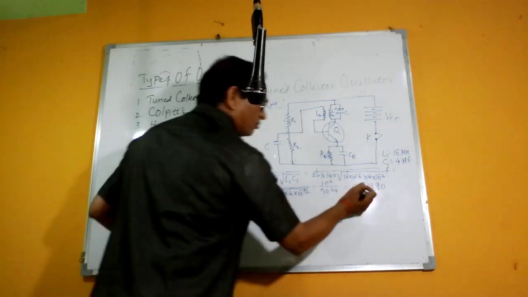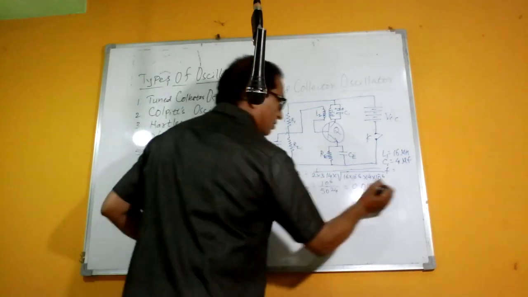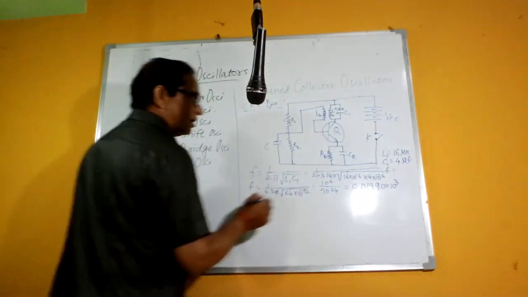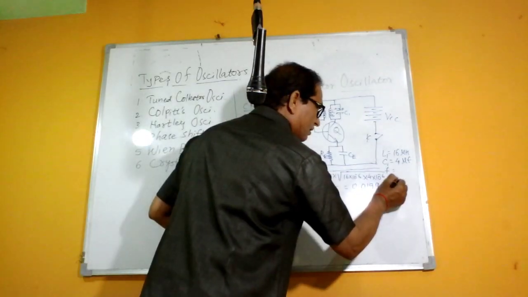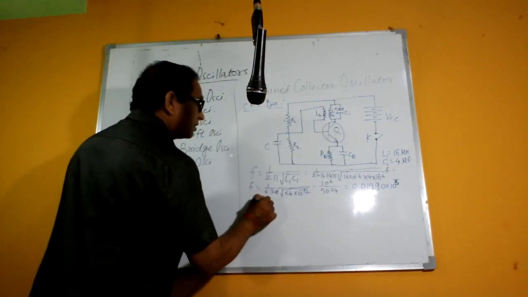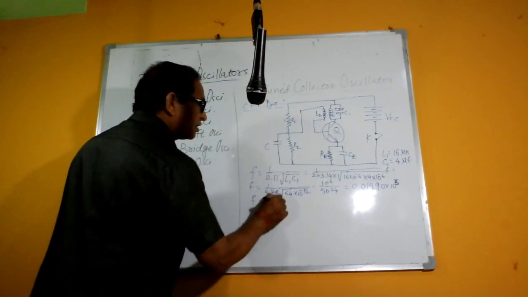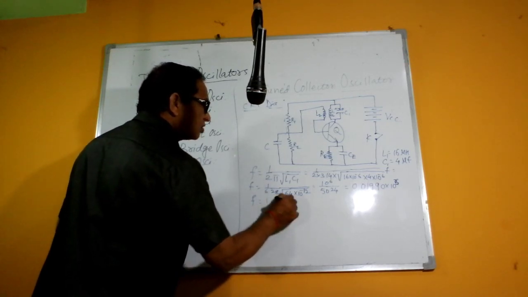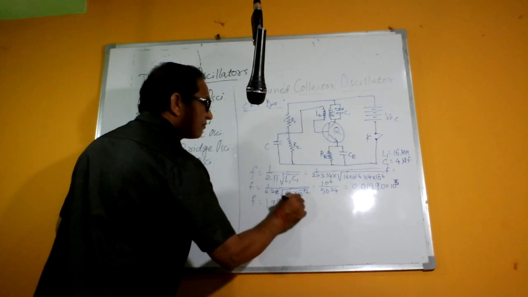So this will be the frequency F which is to be calculated. If we shift this point over here, the multiple factor will be 3 here, and 6 is as it is here, so we have a 6 multiple factor. So this will be 19.1990 into 10 to the power of 3.